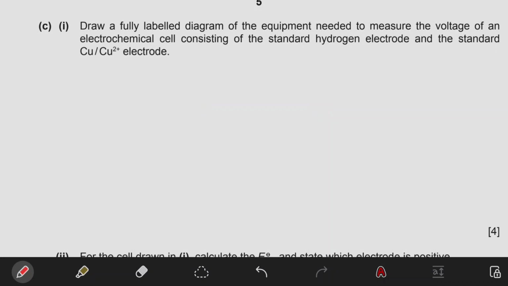Draw a fully labeled diagram of the equipment needed to measure the voltage of an electrochemical cell consisting of the standard hydrogen electrode and the standard Cu2+ electrode.